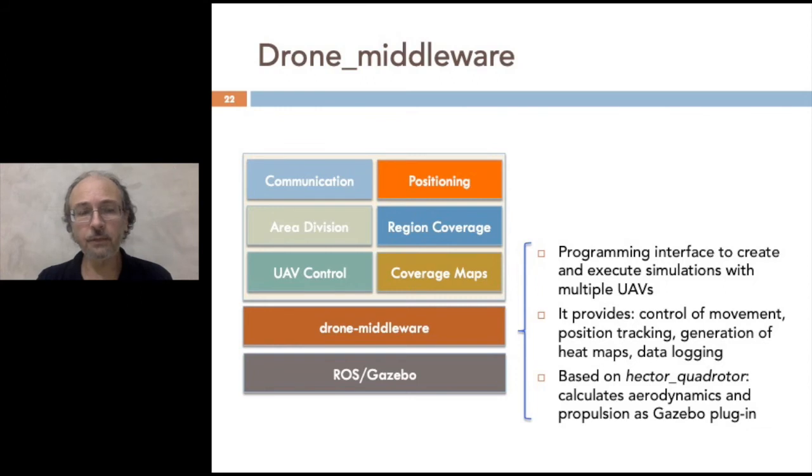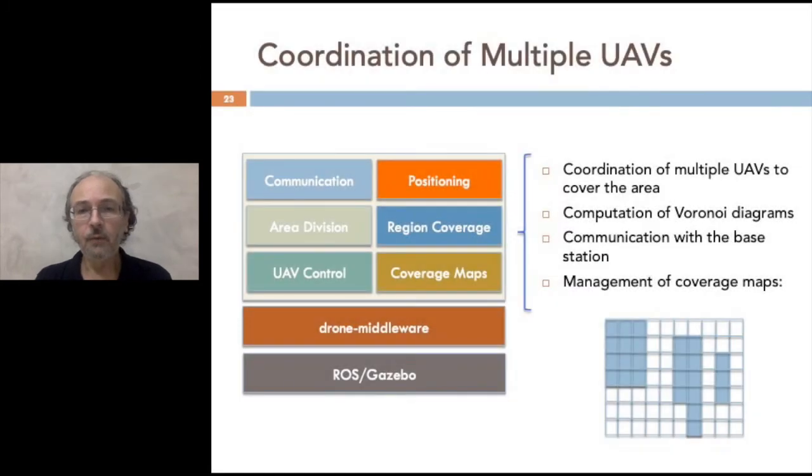But the drone middleware controls and tracks the execution of UAVs individually. Then on top of the drone middleware, we have implemented the software components needed to coordinate the multiple UAVs to solve the area coverage problems.